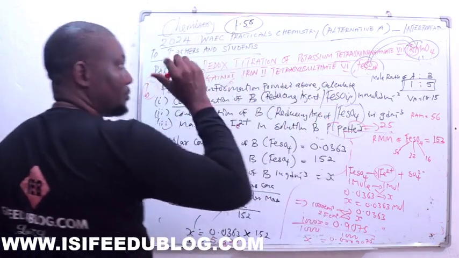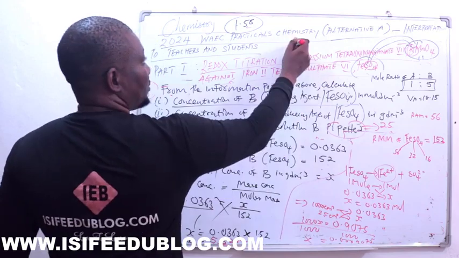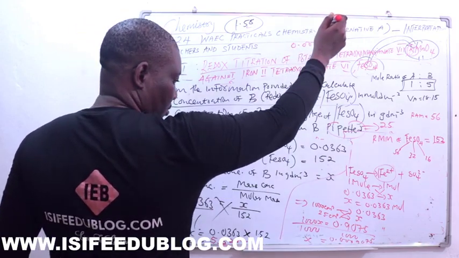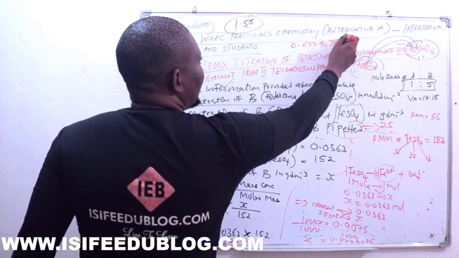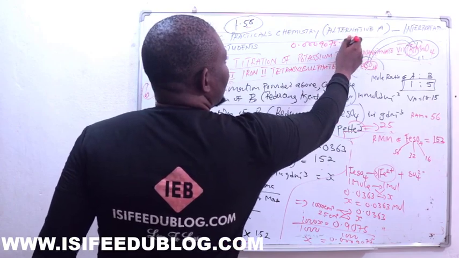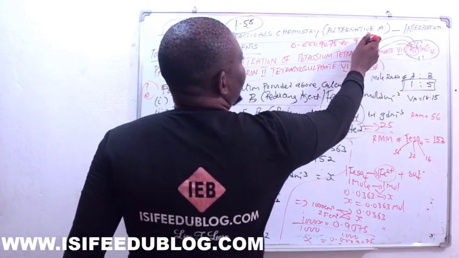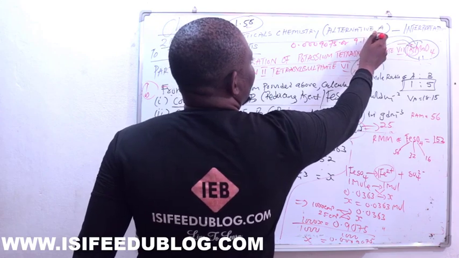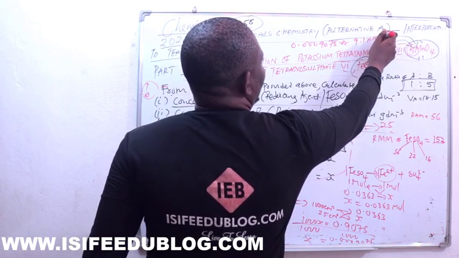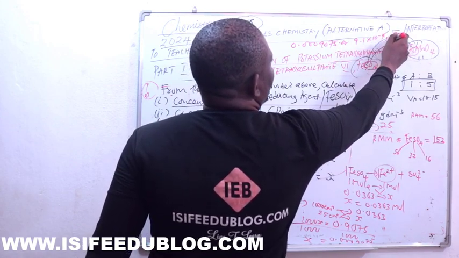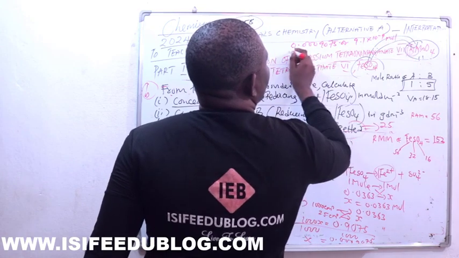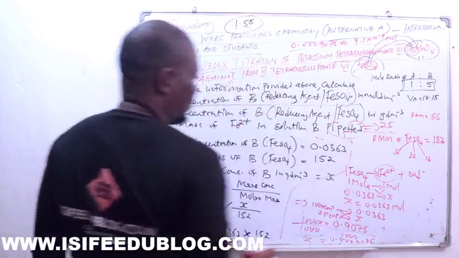I'll write it here. So this is going to be 0.0009075 or 9.1 times 10 raised to the power of minus 4, which is mole. So this is this, but that's not what it asks us to find.